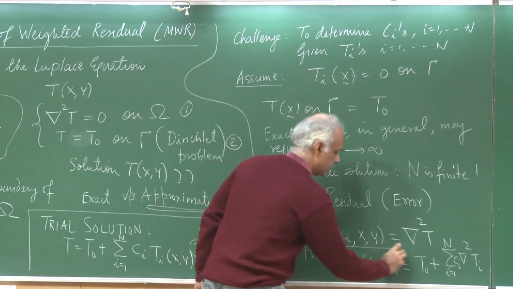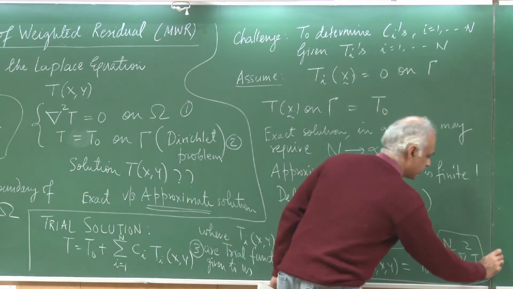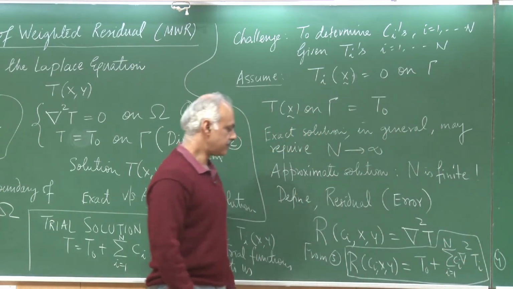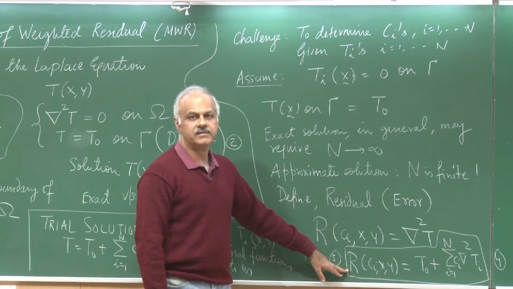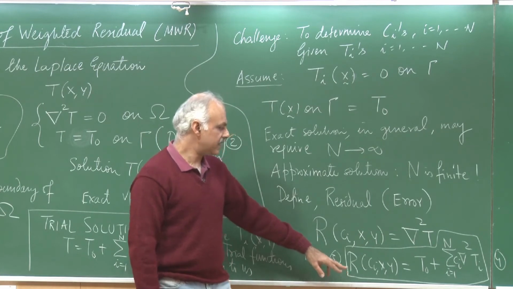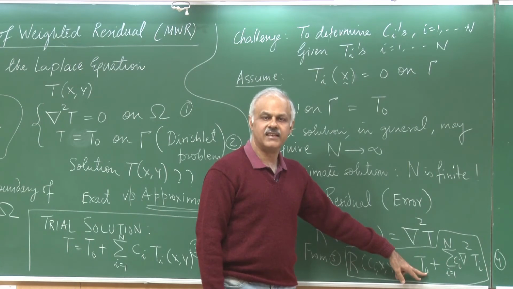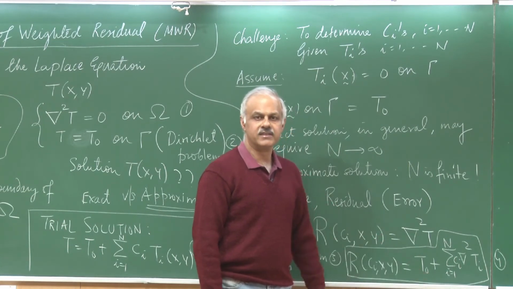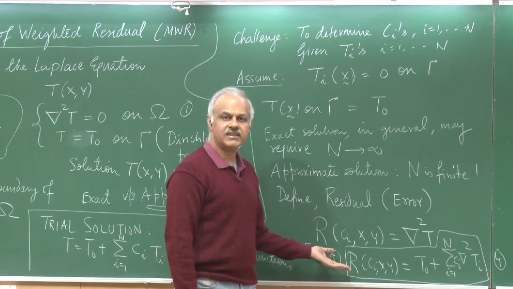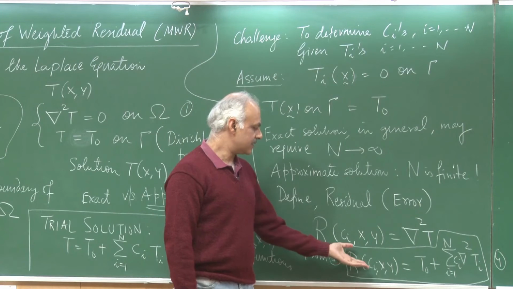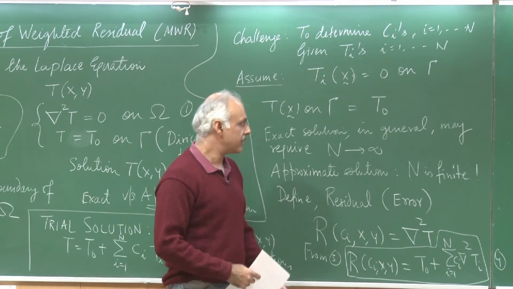So, this is now my equation number 4. So, this equation tells me the pointwise error in the entire domain, and as you will appreciate, because I have already satisfied my boundary condition exactly, there is no error on the boundary. Okay. The error, so r is 0 on the boundary by definition, and it is possibly non-zero inside, and I can actually calculate it pointwise.